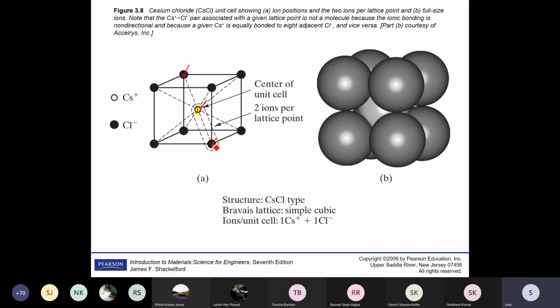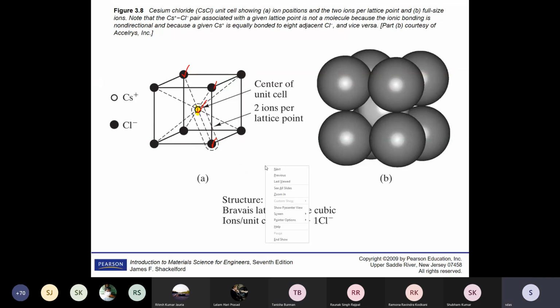So standing here, looking at the body diagonal direction, I see a cesium ion. Randomly, I can choose any point. I can choose a point here, anything. What do I see? A chlorine ion, not a cesium ion. Do I get the same view? No, sir.